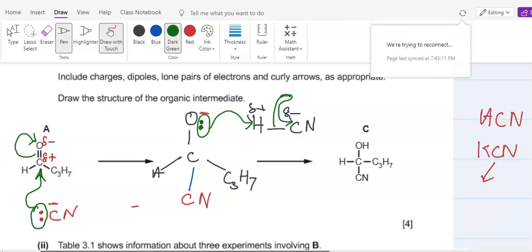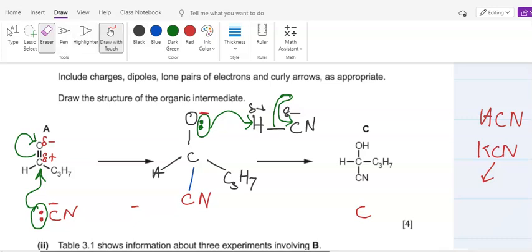So here you get this molecule, and CN minus with a lone pair is released as a nucleophile. I hope you understand this part of the mechanism.